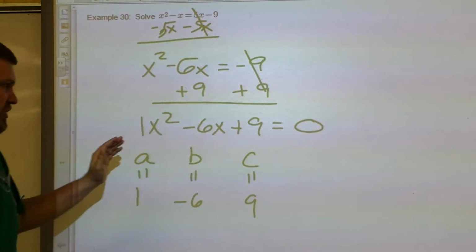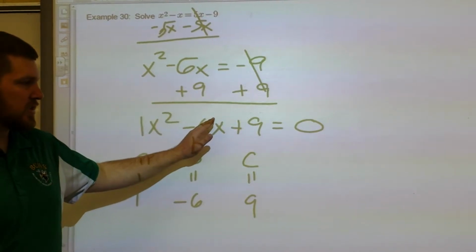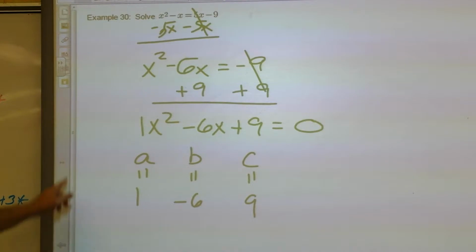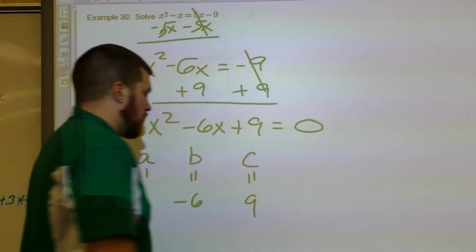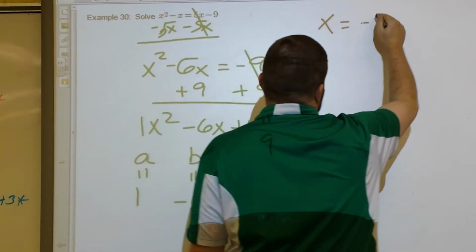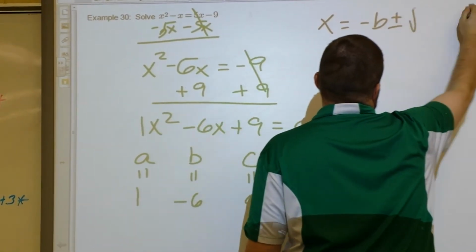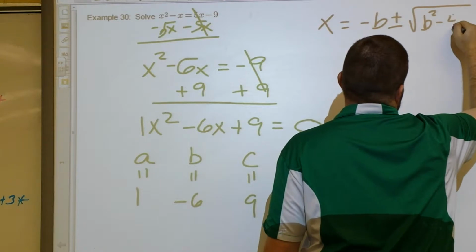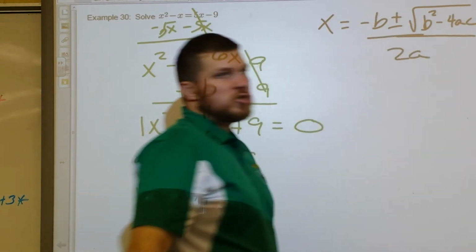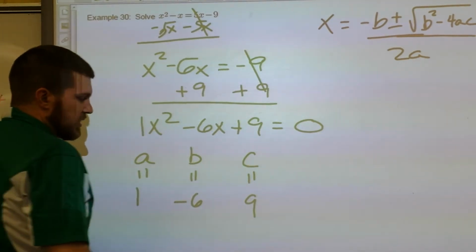You have to have it in this order: x squared, regular x's, regular numbers. That's the only way quadratic formula will work. As soon as you have those numbers, we're going to plug into the quadratic formula, which, if it helps you to memorize, which it does me, rewrite the quadratic formula a couple of times. The more times you write out the quadratic formula, the more times it's going to get tattooed on your brain.